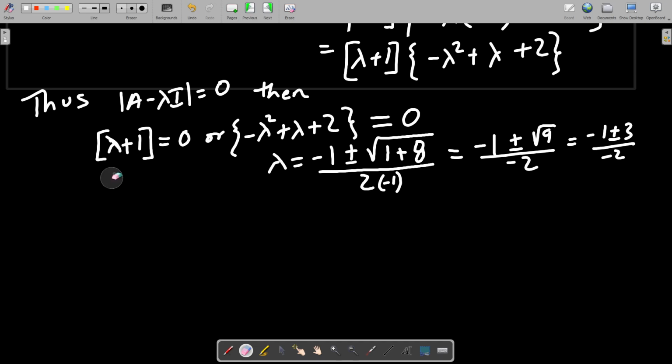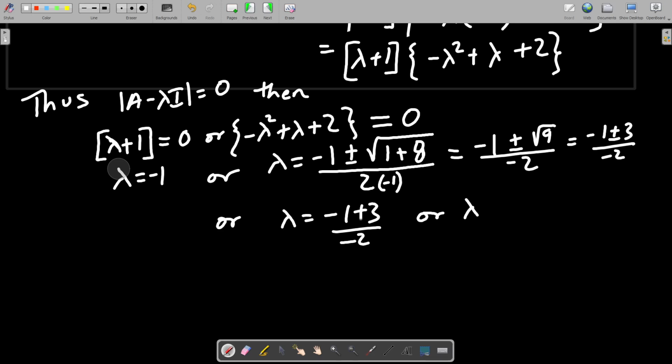Lambda is equal to minus 1 plus 3 upon minus 2, or minus 1 minus 3 upon minus 2.